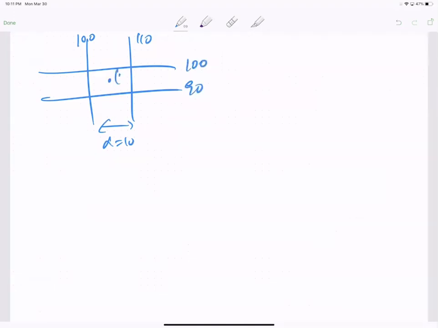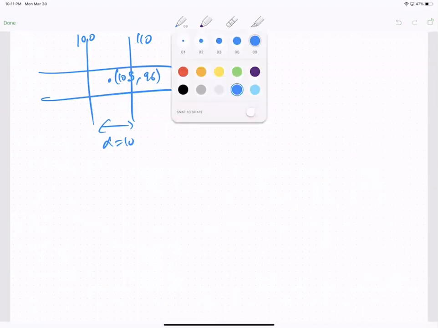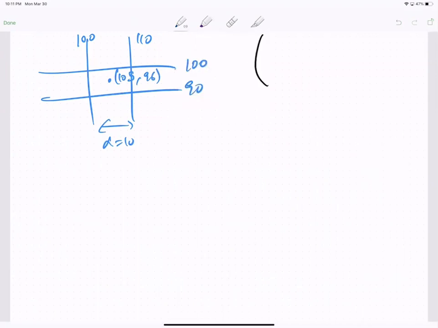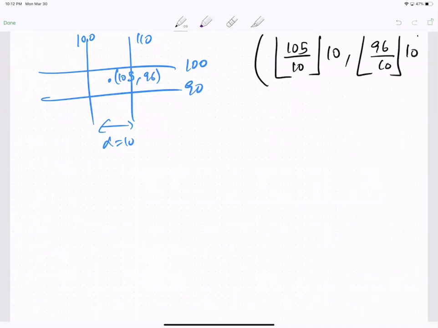Picked a point here with 105 and 96. Now I want to just perform that simple operation there. The number that will be assigned to this cell will be (100, 90). So essentially what has happened is this point is getting mapped to its lower left corner.